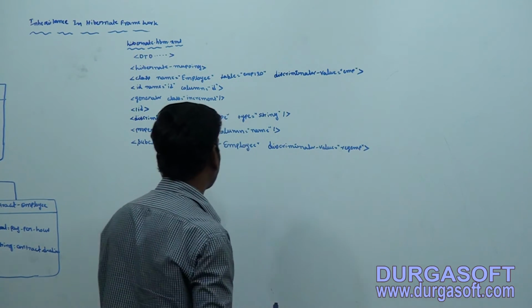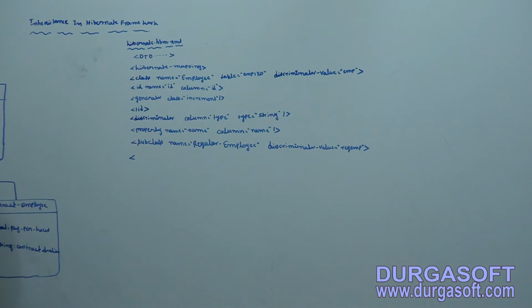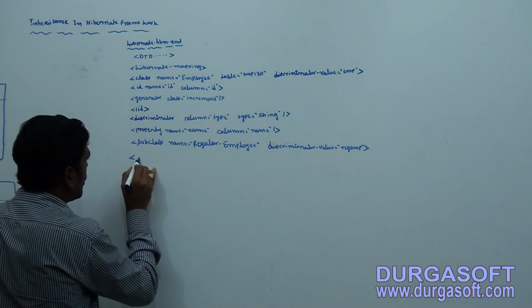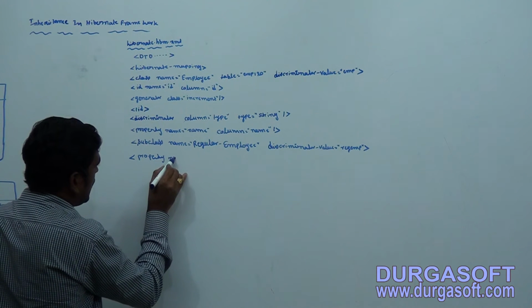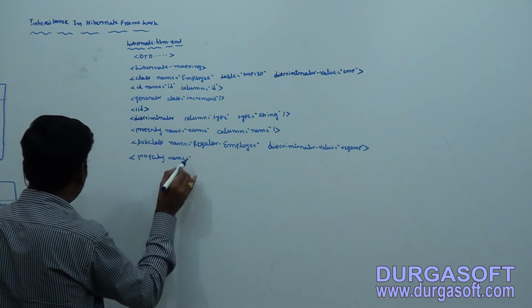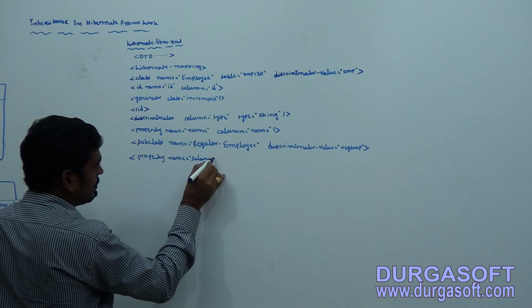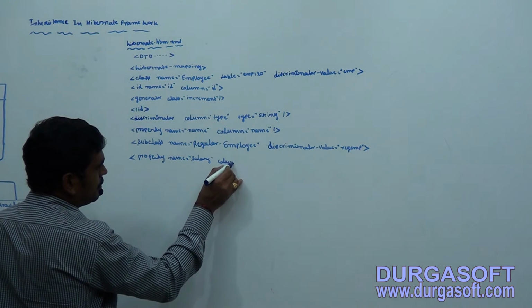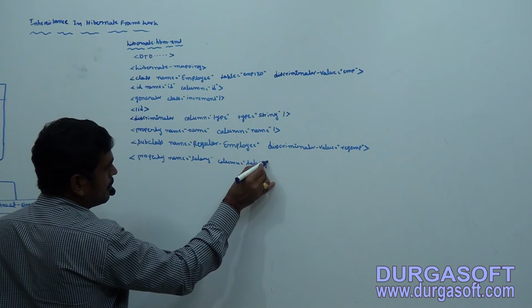The next, under that, how many properties are there? Property name is equal to salary. Then column is equal to salary.